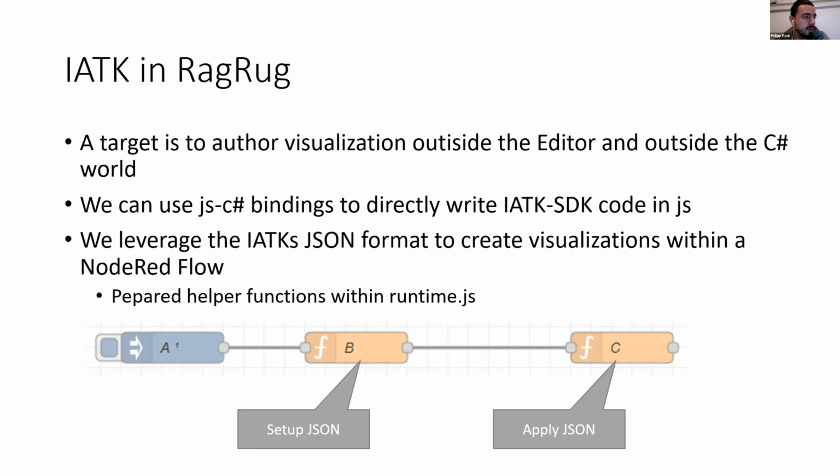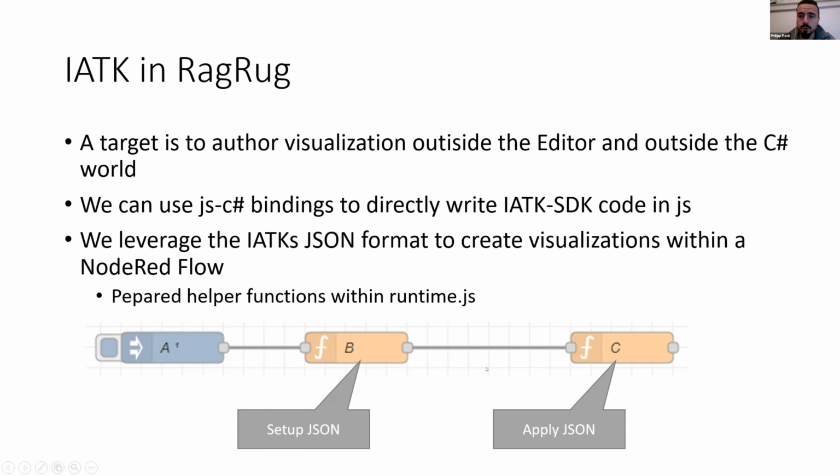What we can do is write a JSON file. I will come to that later in detail. This JSON file is passed into IITK, and this creates the visualization that we want to implement. In that case, the flow is downloaded on the client.